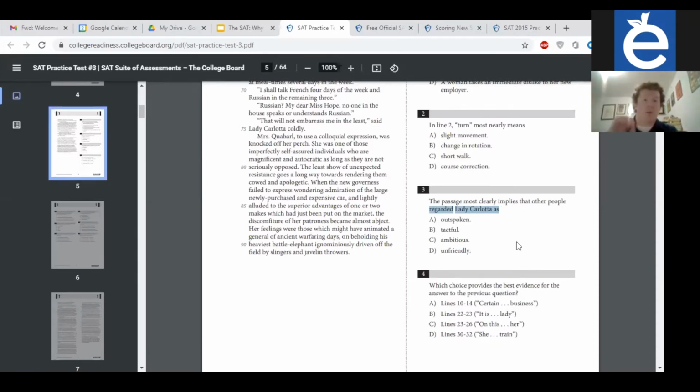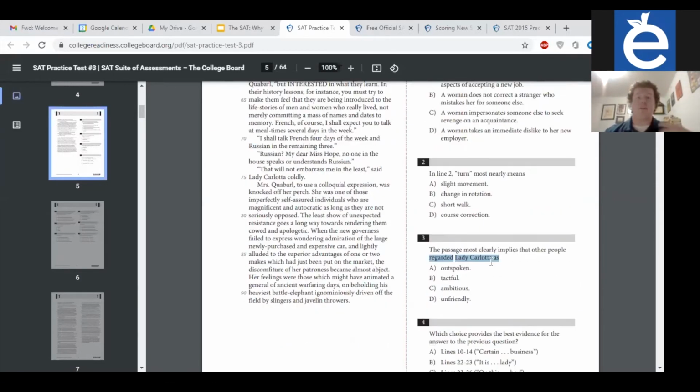Now we really want to be careful here. We're narrowing down these pieces of evidence. We're picking which ones are applicable to this description about how people regarded Lady Carlotta. Now, a very important element of the way they phrase this question is that they say, the passage clearly implies that other people regarded Lady Carlotta.